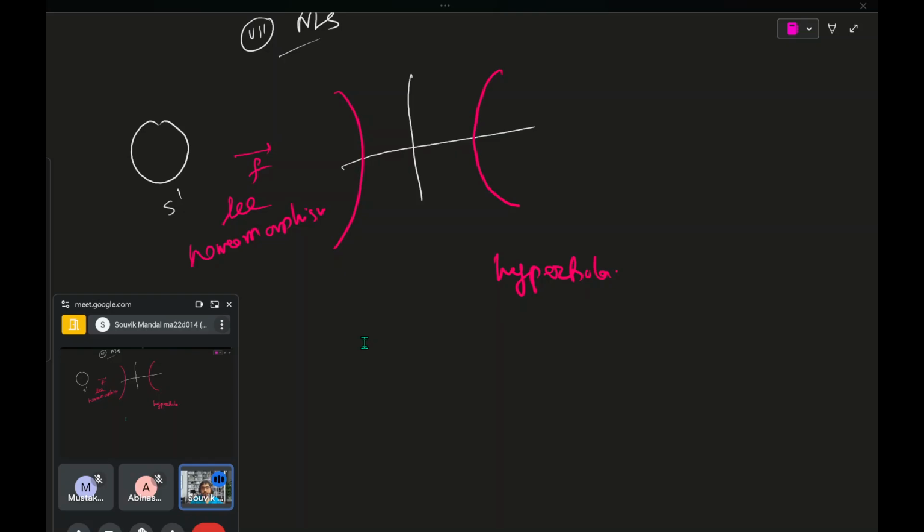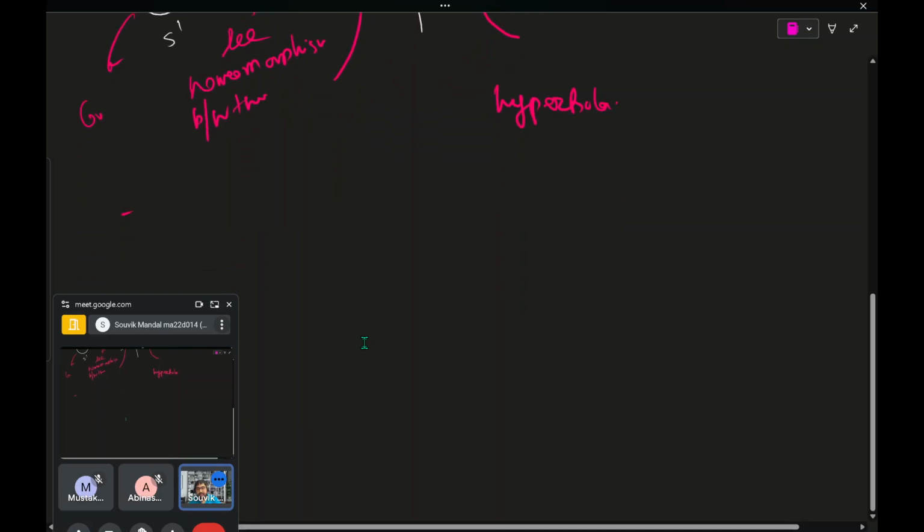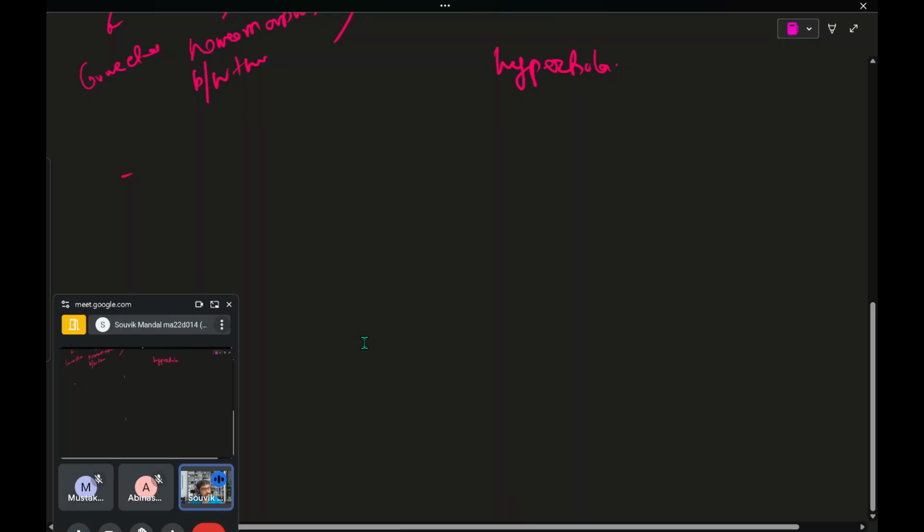The question you have asked is about the hyperbola and the circle: suppose we have a homeomorphism between them. The first thing to observe is that the circle is connected, but the hyperbola is disconnected.